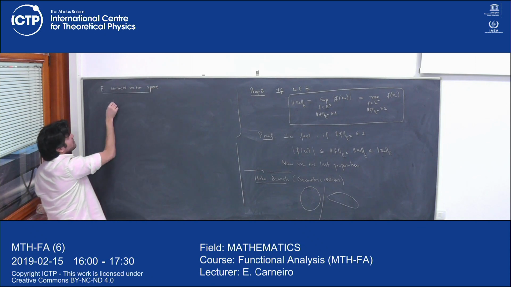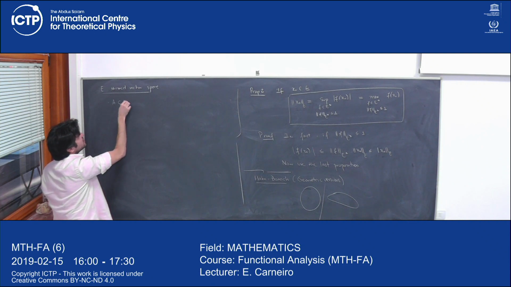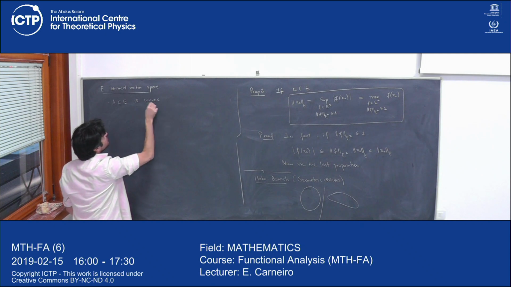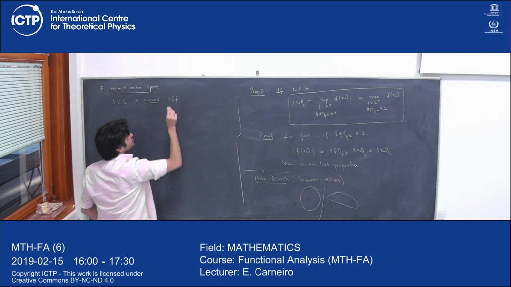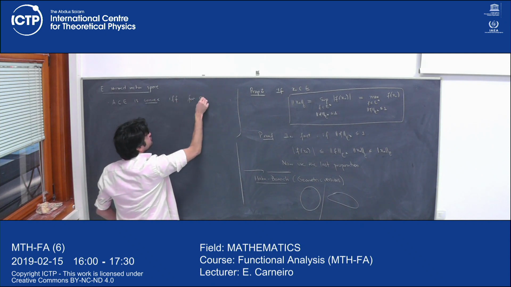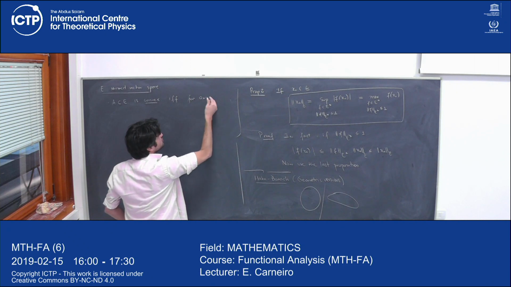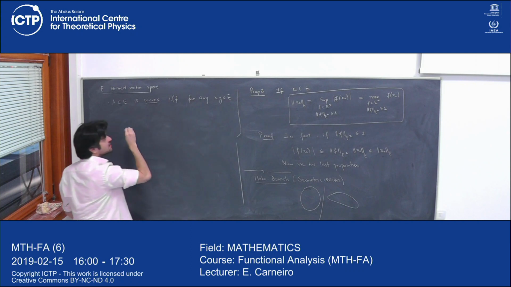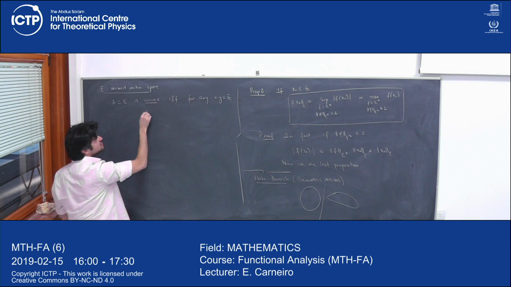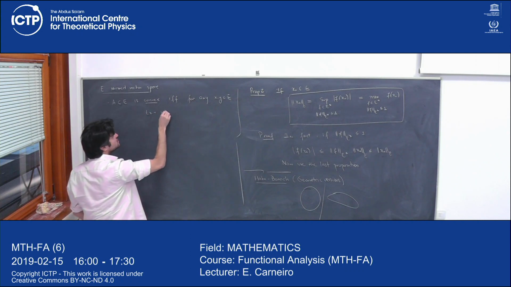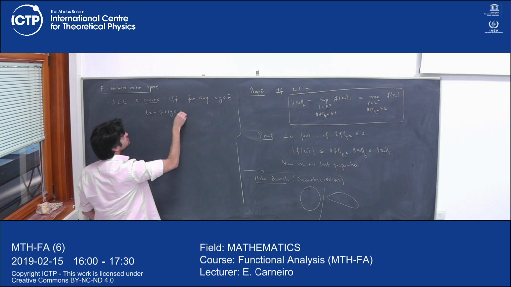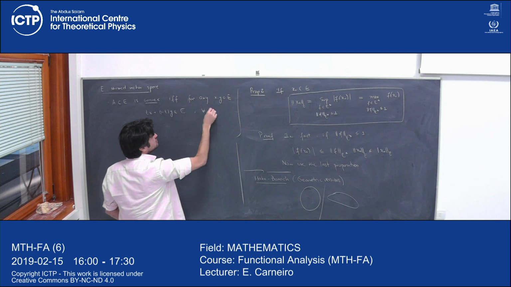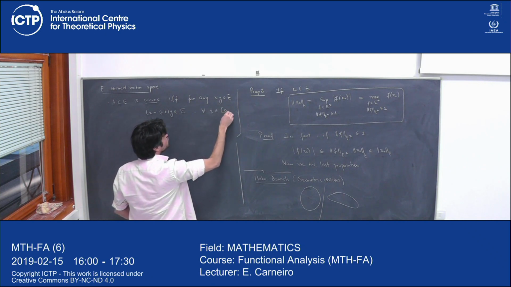Everybody knows that a set A contained in E is said to be convex if and only if for any pair of points, say x and y, belonging to A, the linear combination tx plus (1 minus t)y belongs to A for any t belonging to the interval [0,1].